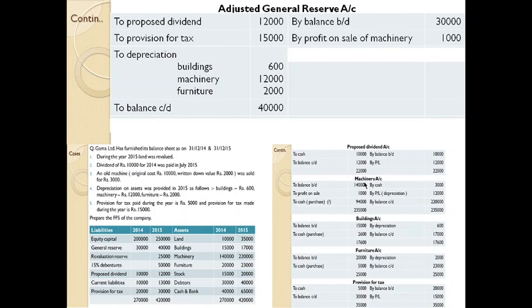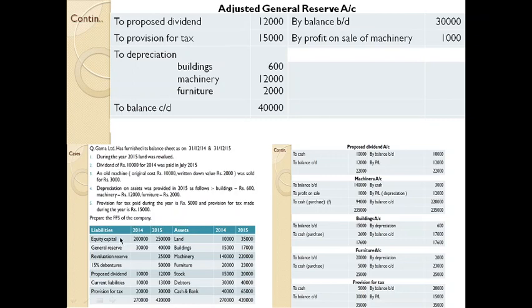Once you have dealt with non-current accounts, just go through the question part. In the additional information, we have almost dealt with all the accounts because we are preparing non-current accounts on the basis of additional information. If there is any item for which we haven't prepared a non-current account, try to go through it. And here we have almost covered all this additional information.